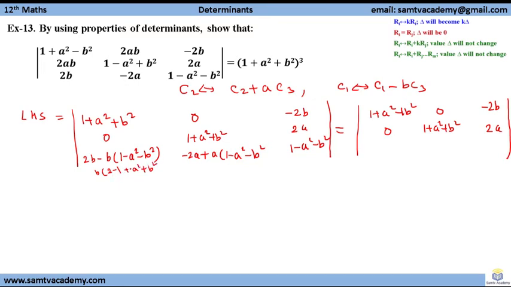So we can write here B common, and 1 plus A square plus B square.